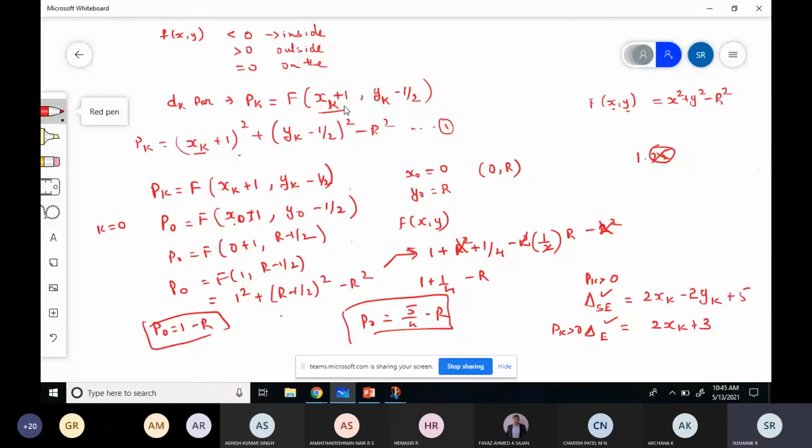Once this is done, you can modify the same thing also. After this, we'll check into the algorithm. How will this algorithm work?